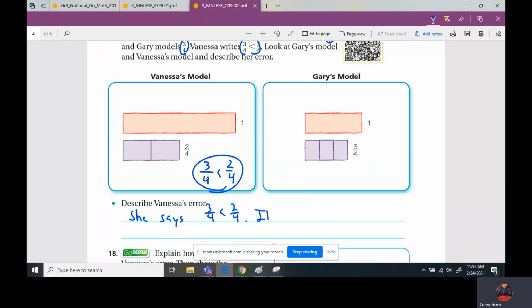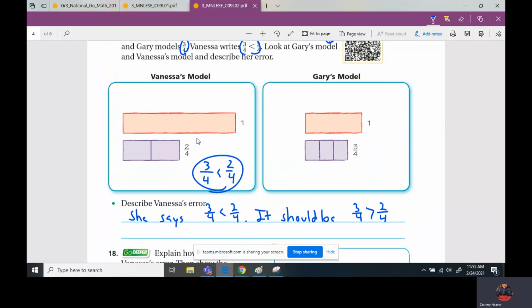It should be 3/4 is greater than 2/4. That is the first part of her error, okay?